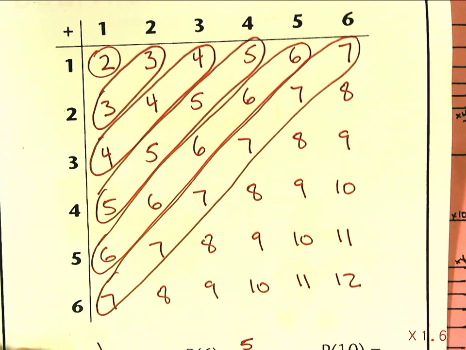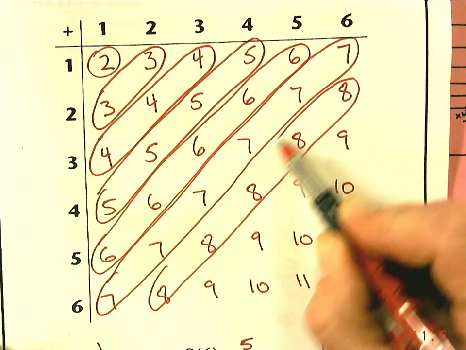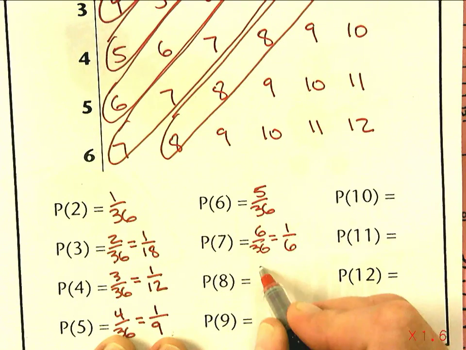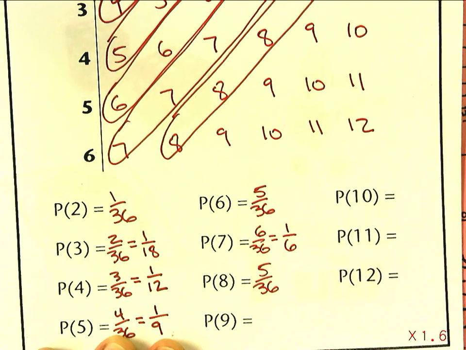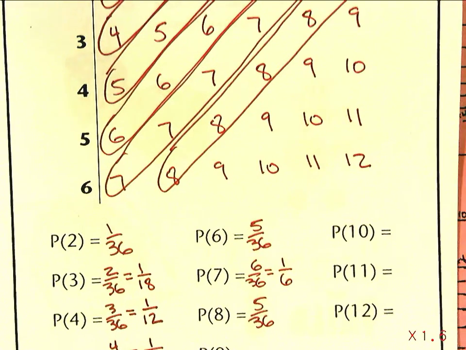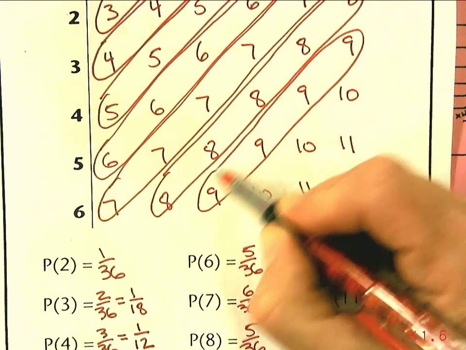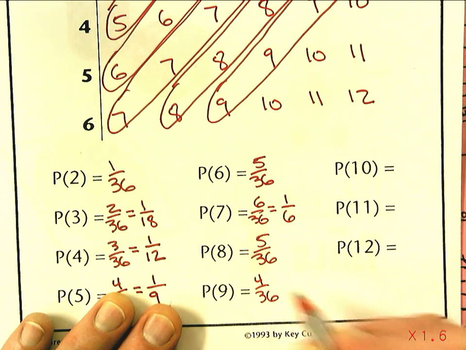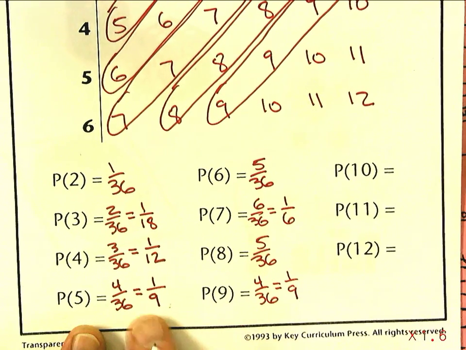And then if we go on to 8s, you can see that now the number's going to reduce. 7s was the most, and now 8s is going to be the same as 6s, or 5 out of 36, and that doesn't reduce. And then 9s, there's 4 of those out of 36, which reduces to 1/9, just like it did over here with the 5s.